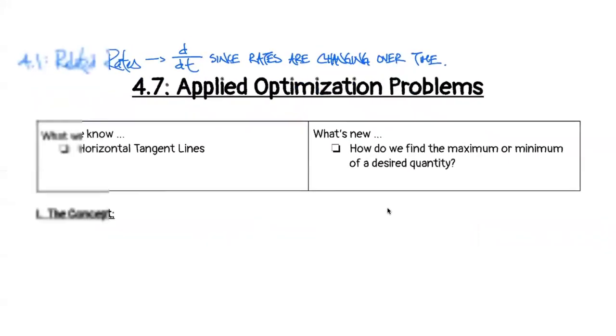So 4.1, whether you've looked at it yet or not, really is all about time. How do things change over time?